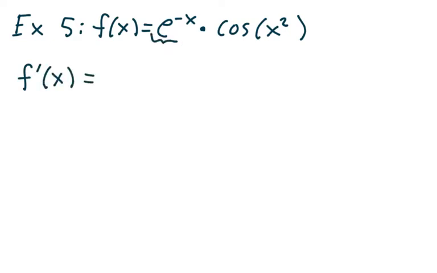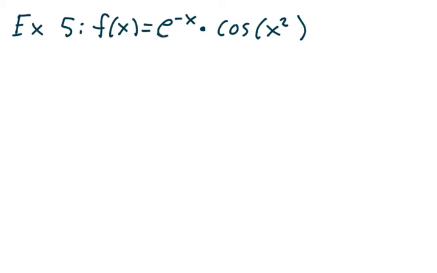So if I take the derivative of e to the negative x, it turns out that the derivative of e to the negative x is e to the negative x times d dx of negative x. Here, let's do this. Before we apply the product rule, we're going to attack it this way.